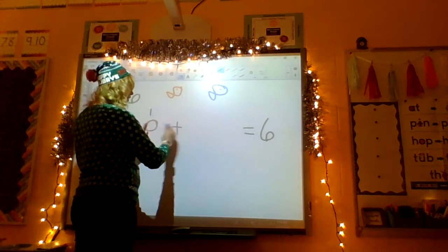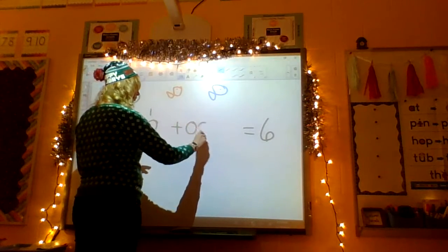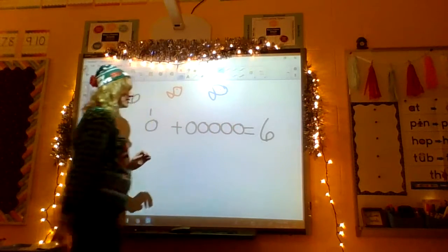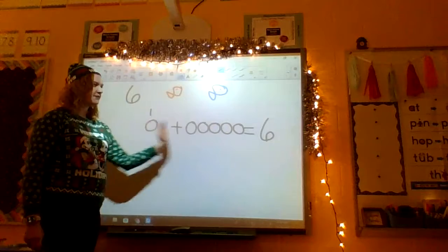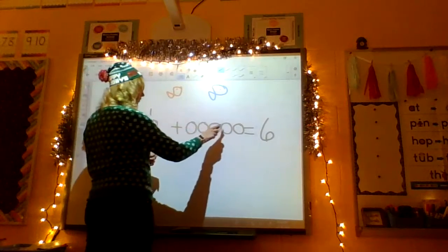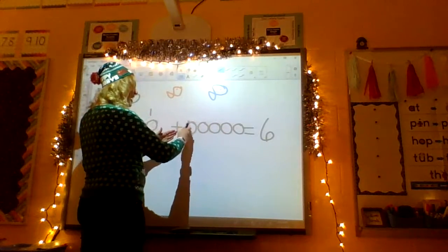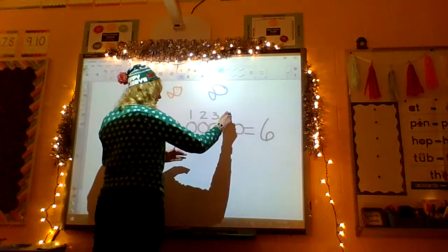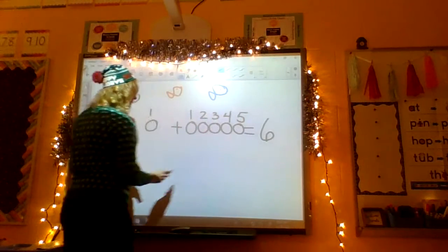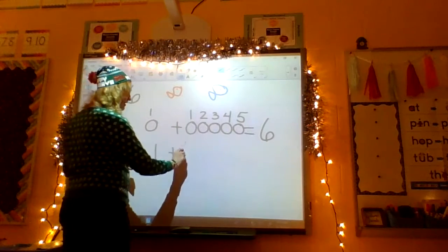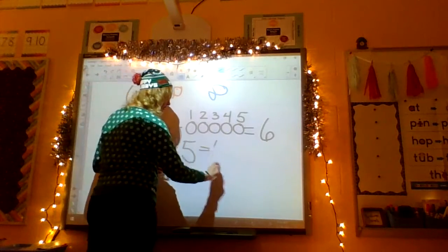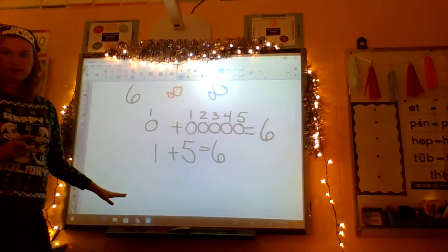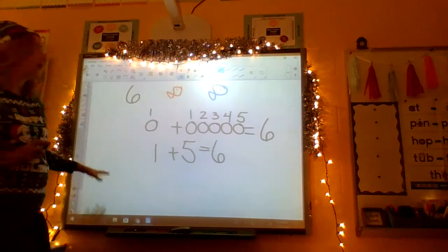So 1, 2, 3, 4, 5, 6. So I have 1 over here, but I have 6 in all. Then I would have counted these: 1, 2, 3, 4, 5. So this is 1 plus 5 equals 6. Do you see how I showed one way to do it? This is what I was looking for.